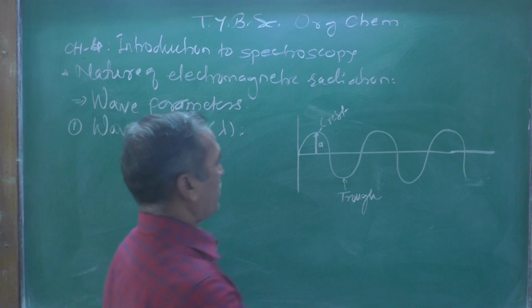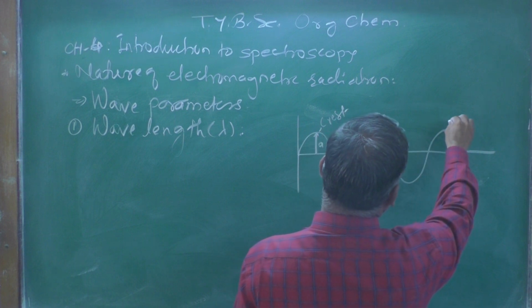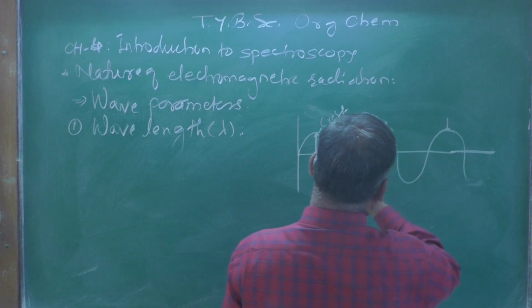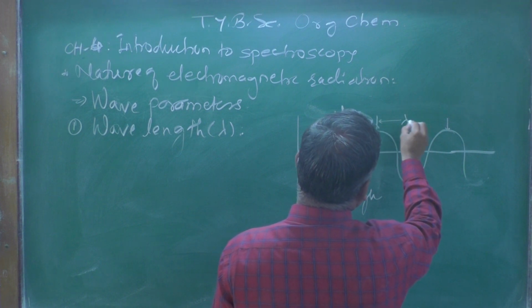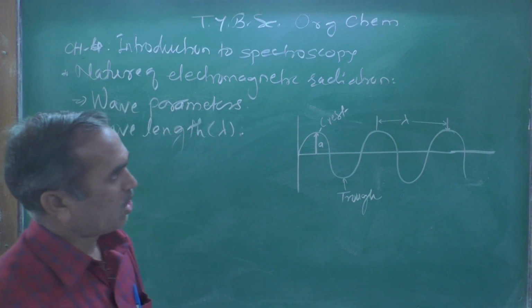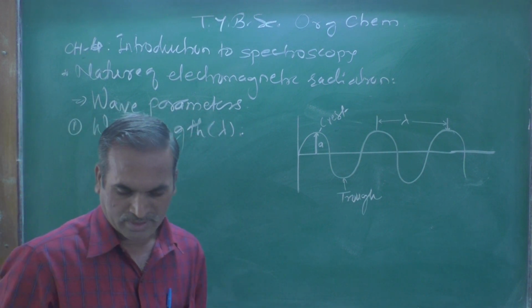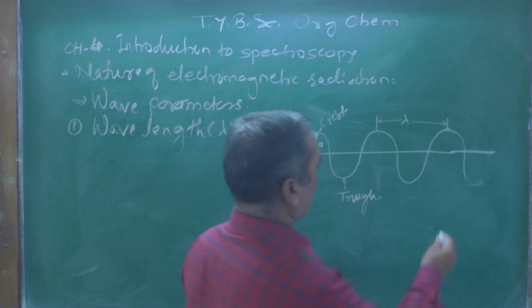Now the distance between two consecutive crests is nothing but the wavelength, and this is the direction of propagation.